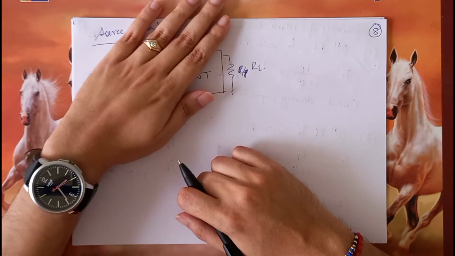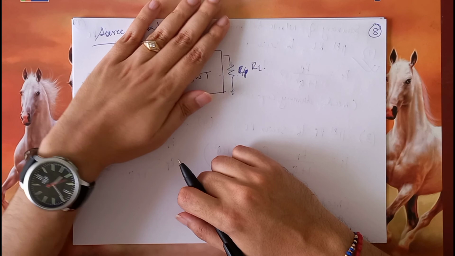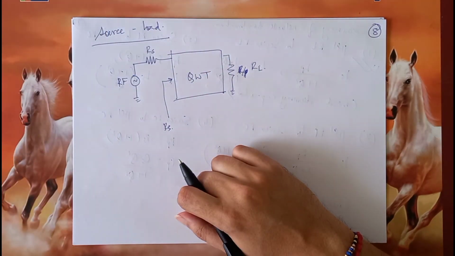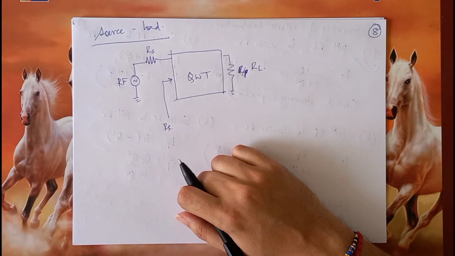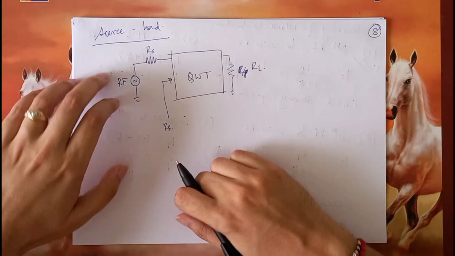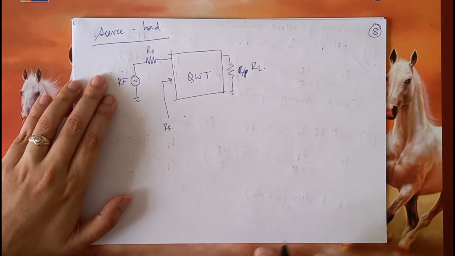So the question now is, can I use a literal transformer in the place of the QWT? A transformer that is otherwise used in power electronics to either step up or step down AC voltages. Let us look at this interesting premise.